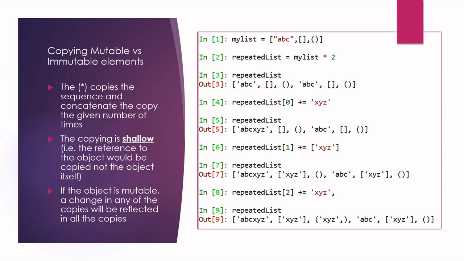Now, what happens if we change one of these elements? Depending on whether it's mutable or not, that change may or may not be reflected in all of the copies. What I'm gonna describe right now is shallow copy. So let me just put up this screen here.